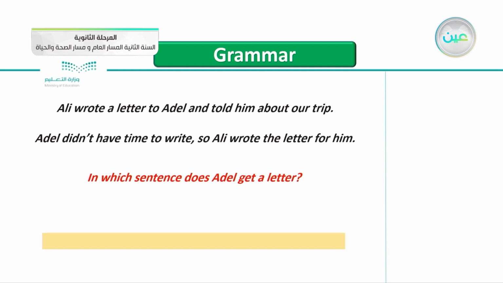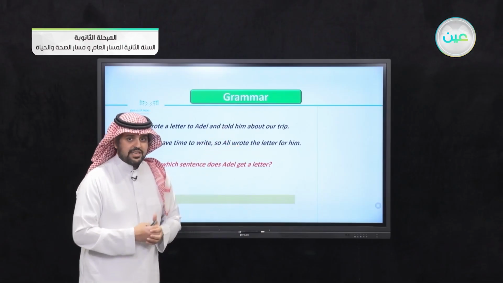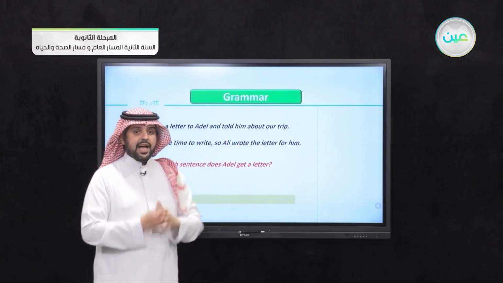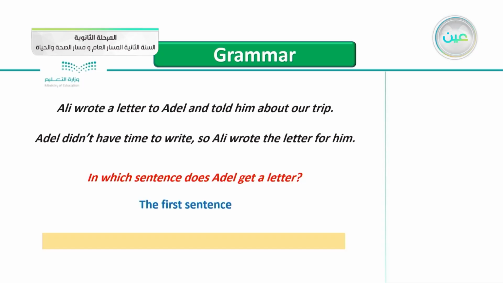In which sentence does Adil get a letter? So in which sentence, is it this one or this one? In the first sentence, Ali wrote a letter to Adil.